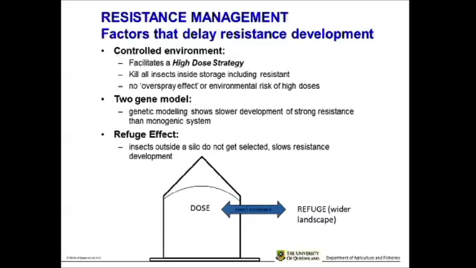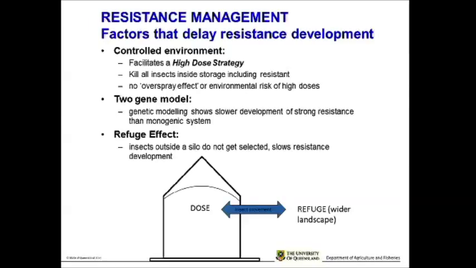And there's no residual effect of phosphine, so there's no environmental or health effects that you're going to get from phosphine. That's really helped in Australia, that when they started detecting strong resistance, a high-dose strategy was recommended and implemented. And you'll see the effects of how that has happened a couple of slides later.